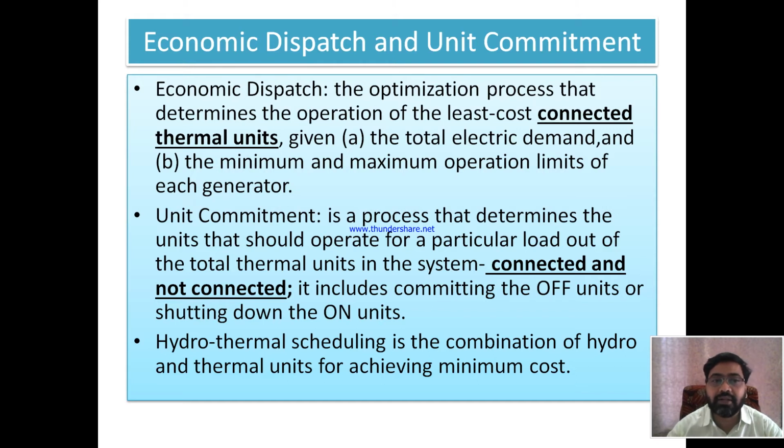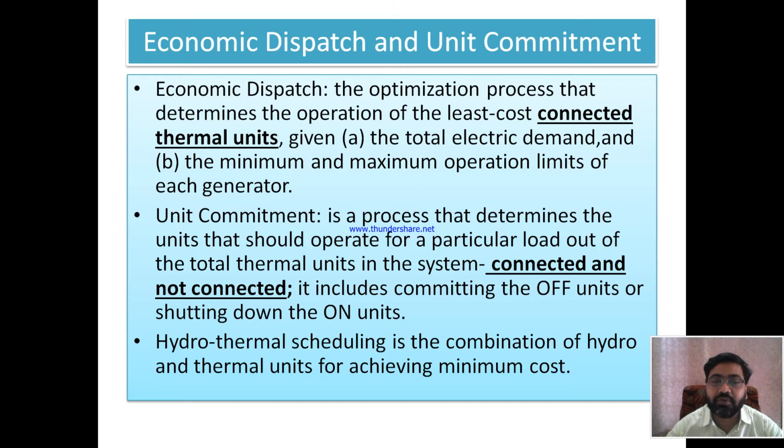The difference between economic dispatch and unit commitment is that unit commitment includes committing the off units, bringing in, starting up the units which have been off till a particular time, or shutting down the units if they are not required.